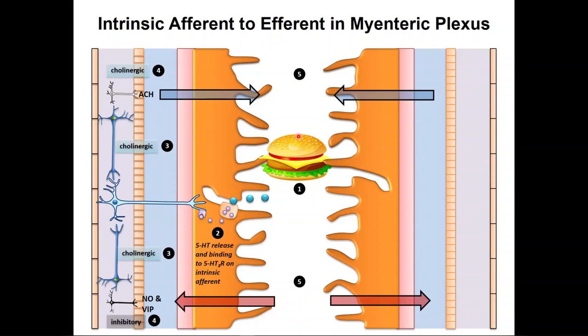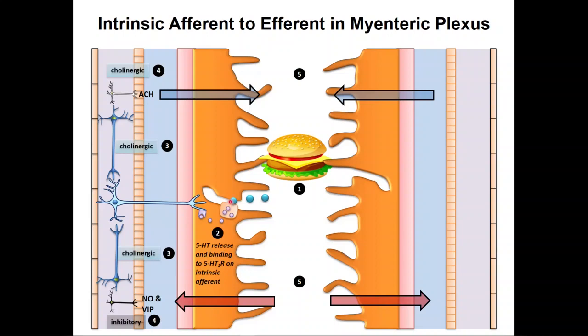So this blue ball is supposed to represent a food molecule, a nutrient, traveling to the enterochromaffin cell. The purple balls represent serotonin or 5-HT.